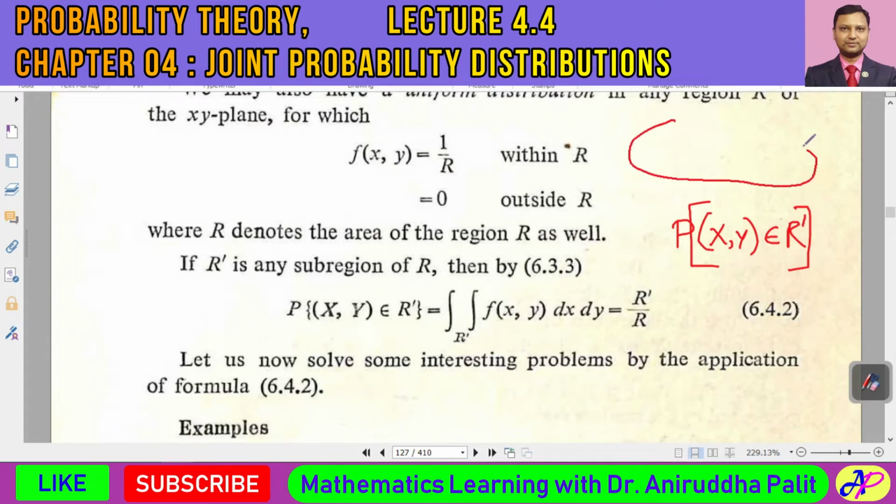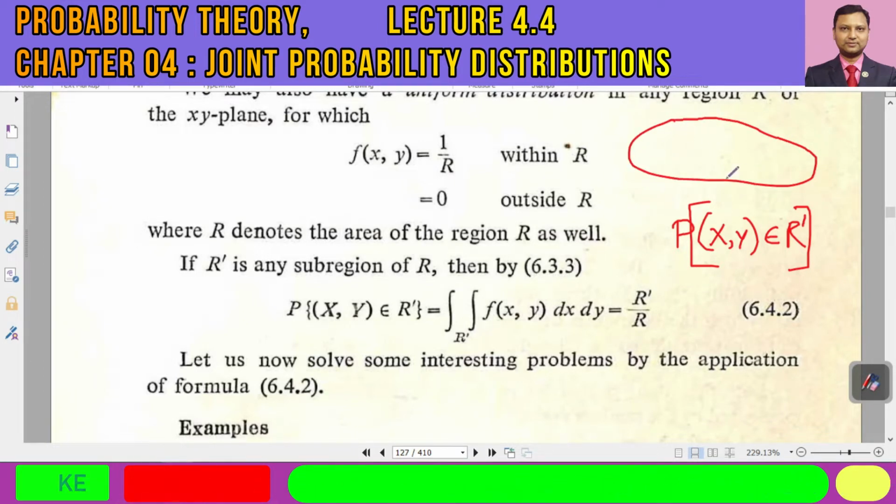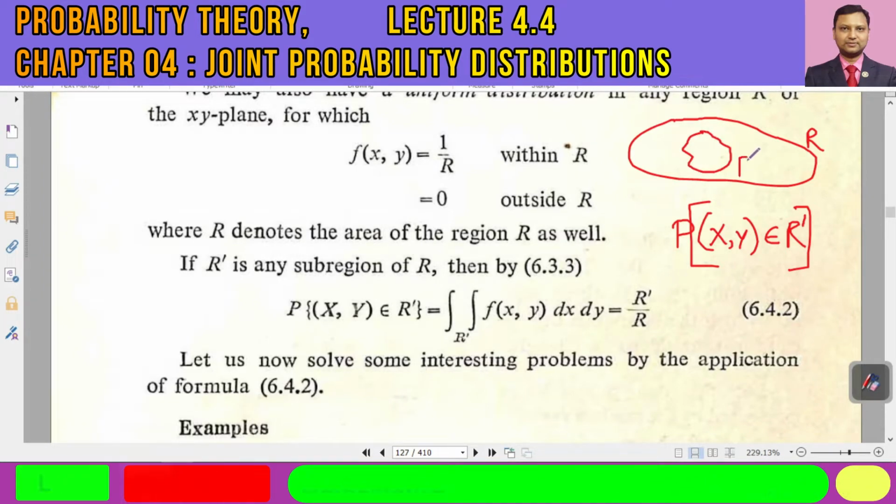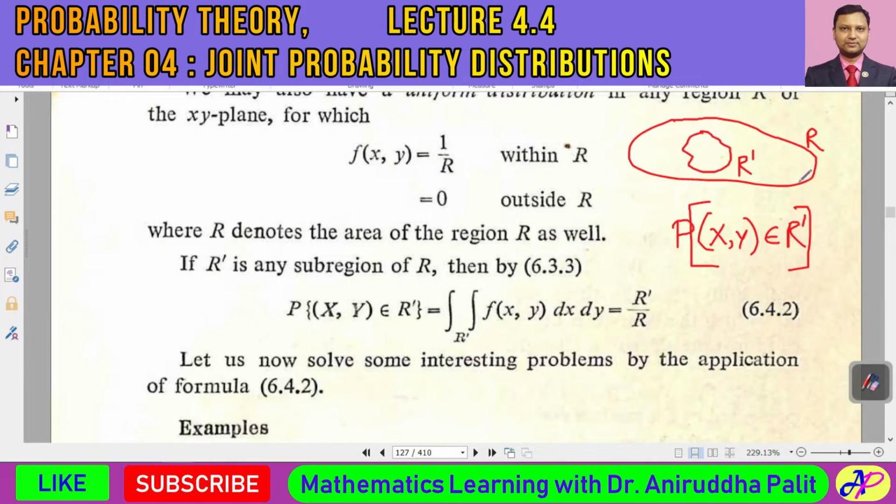Suppose this is the total spectrum, and this area is equal to R, and we have a subset or an event represented by R prime. So if x y belongs to this region R prime, then what is its probability?